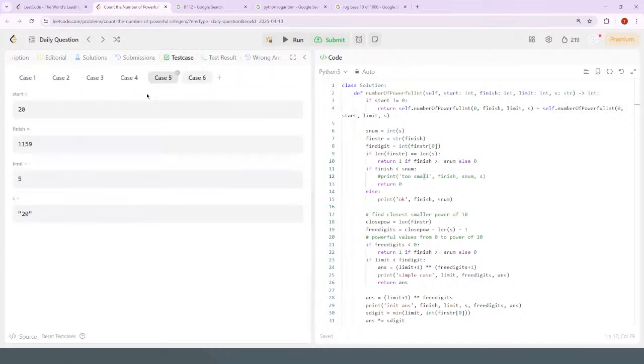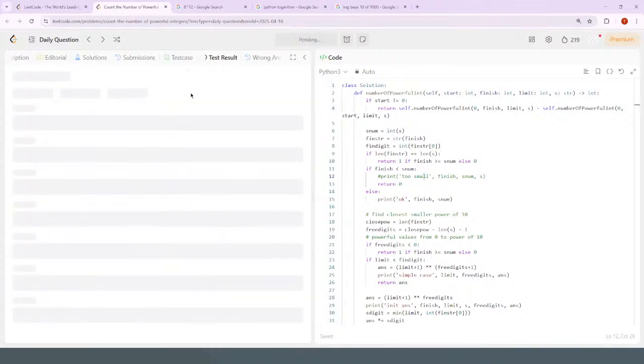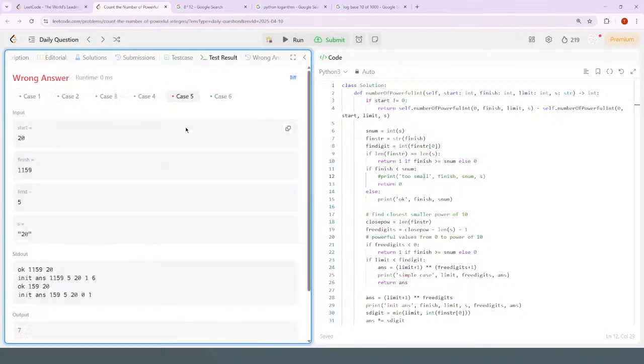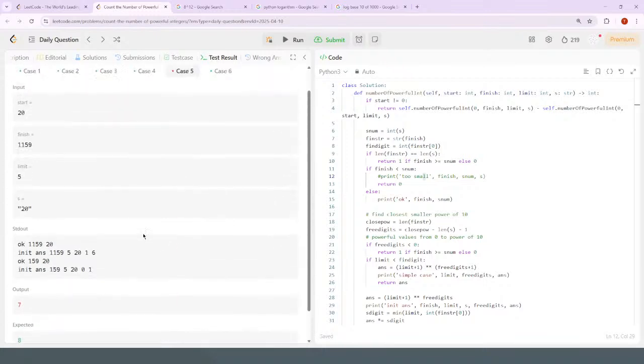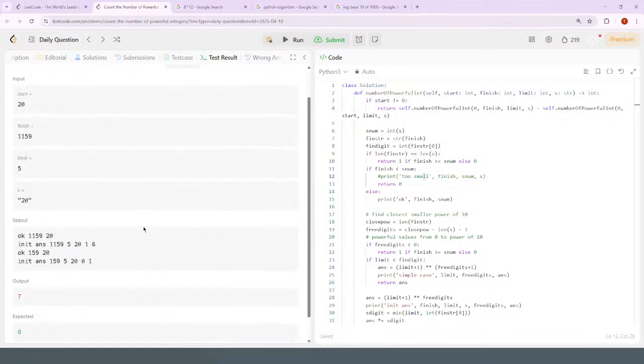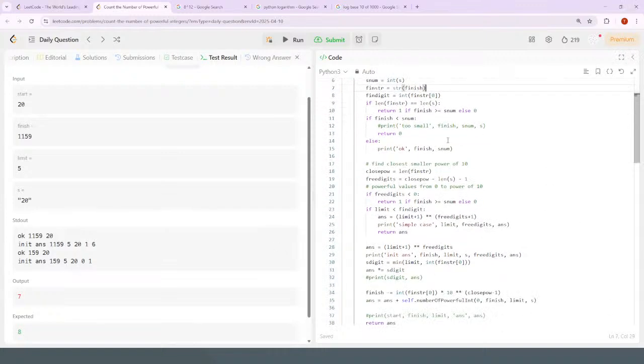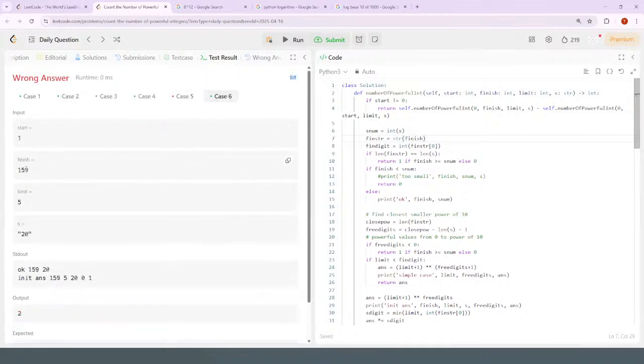159.520. It's just doing this thing wrong. No, by itself it's doing it right. But in conjunction with this it's doing it wrong. Okay, so the initial answer is 159.